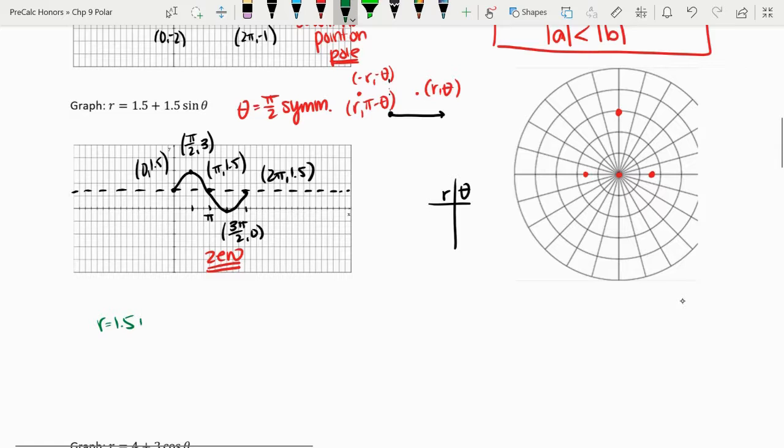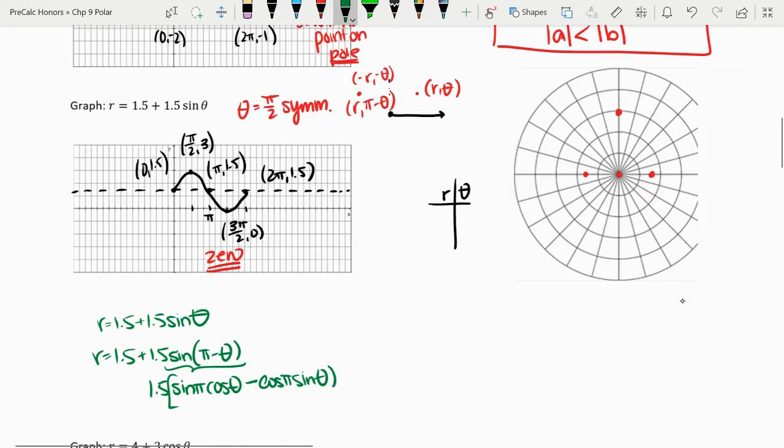But here's my original equation. If I sub in that other point, pi minus theta, to simplify this, we would use the sum and difference identity. Sine pi cosine theta minus cosine pi sine theta. Sine of pi is 0, so that guy's gone.